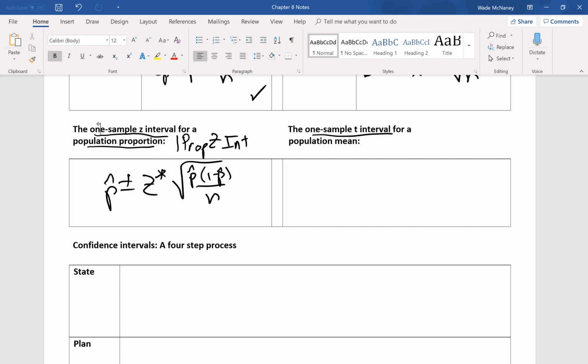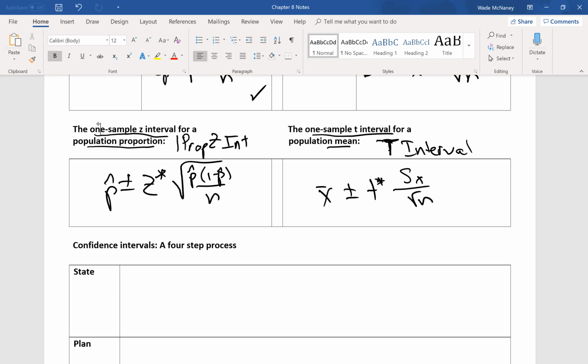One sample t interval for population means. This is a t interval. It is the sample mean plus or minus t star times the standard deviation of the sample over the square root of n.